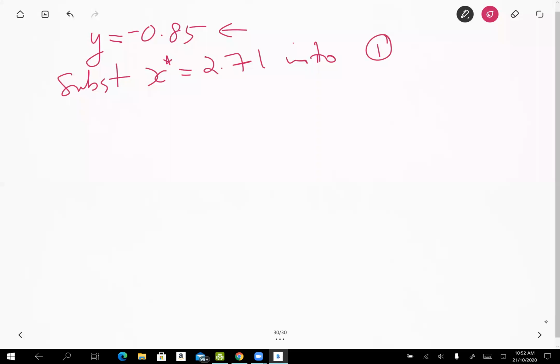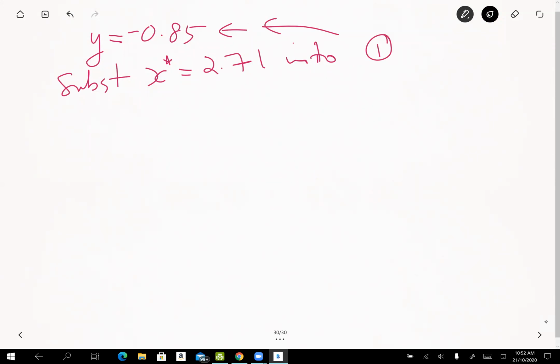So you get this. Now, anybody did equation number 2? Negative 0.87. Very close.